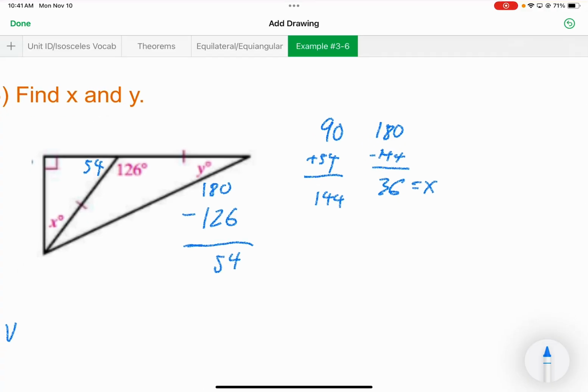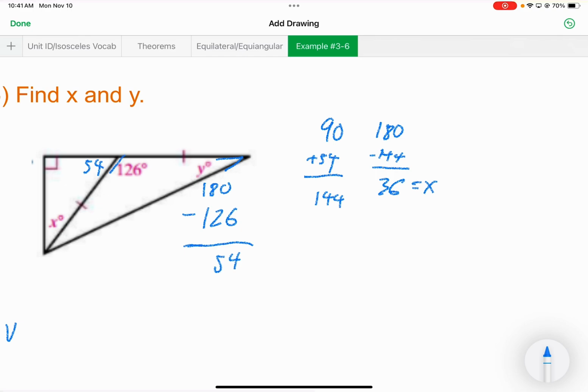Now I need to go back and find Y. What do you got for that, Angeline? Is it also 54, because I did 180 minus 126. That gave me 54, right? Yeah.